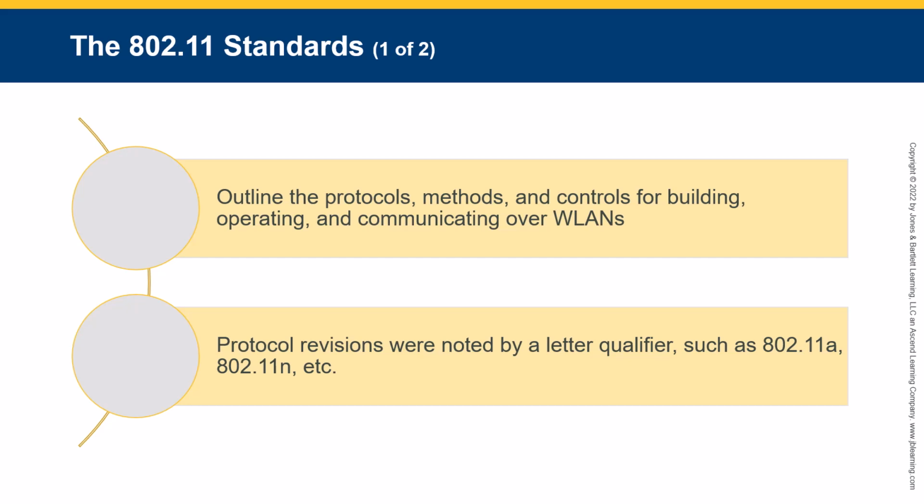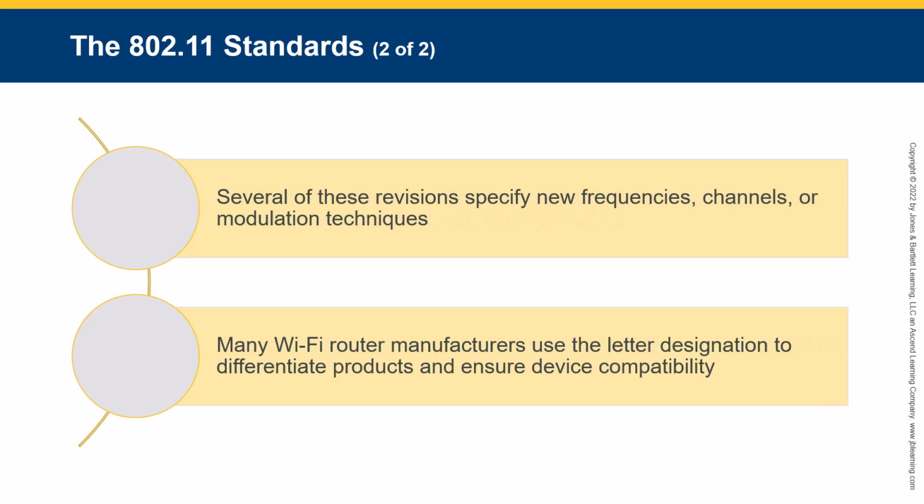Ethernet's typically wired, where wireless is going to be just that, the wireless component. But again, it outlines the structure that these protocols are going to be using. Several of them will have revision specifics on frequencies, channels, modulation, and things like that.